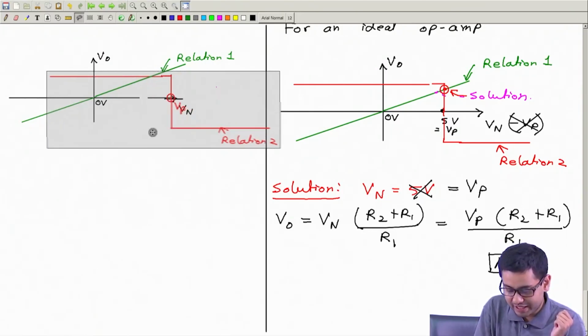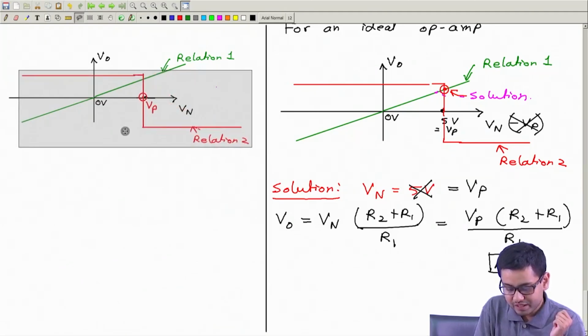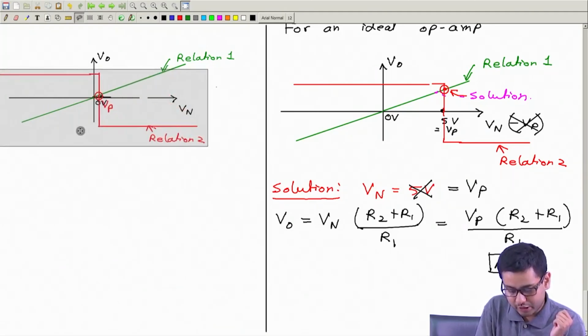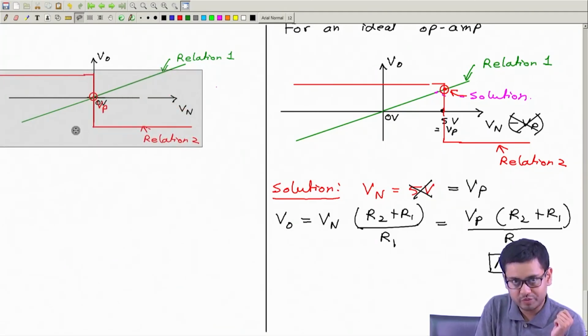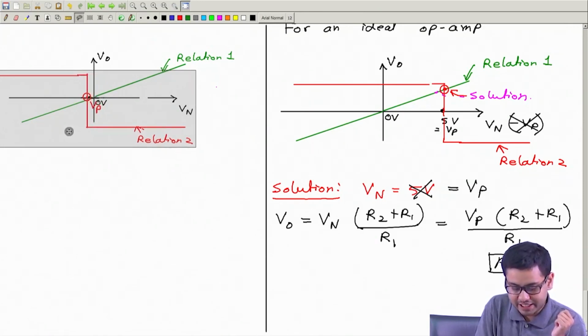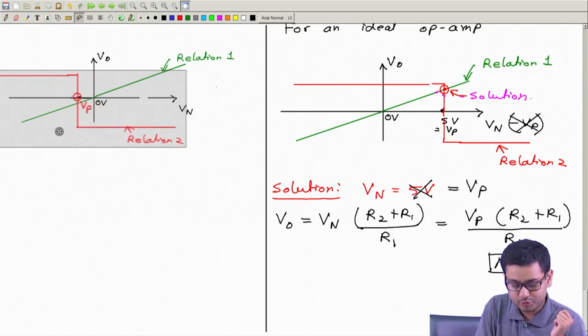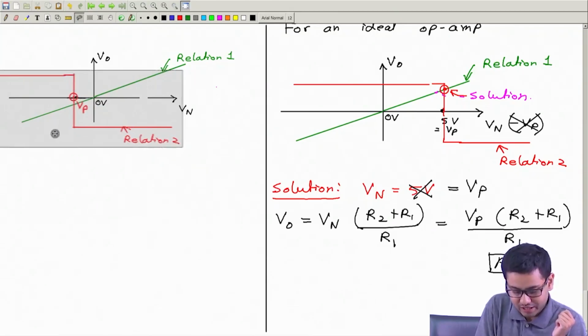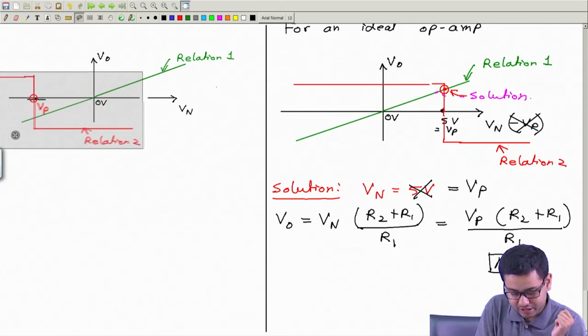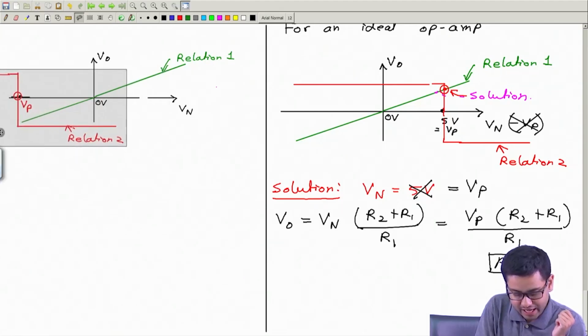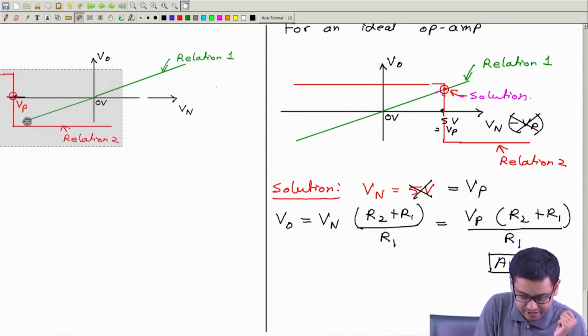Similarly, if I bring it down, at this moment output will be 0. I make it negative, and now the output is negative. Vp is negative, output is also negative. I make it further negative, and at some point, going beyond the limit of the screen, if I go further, the intersection will be here.